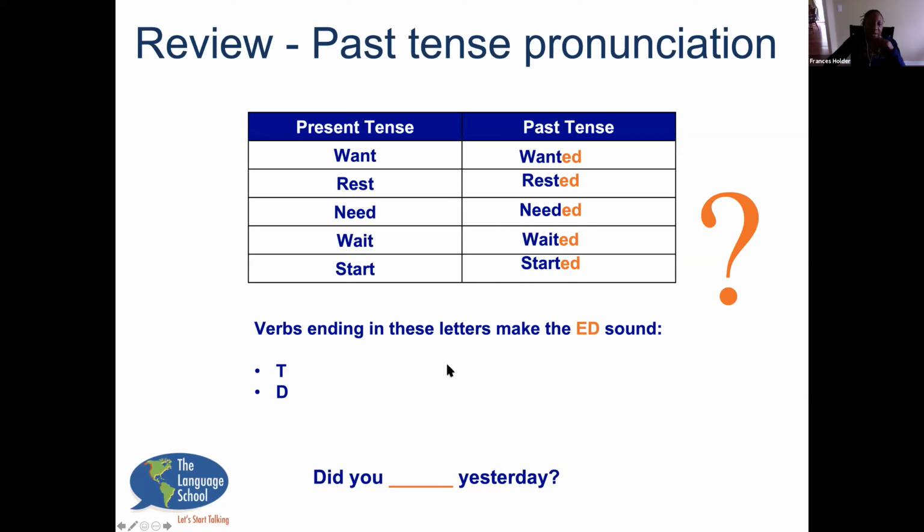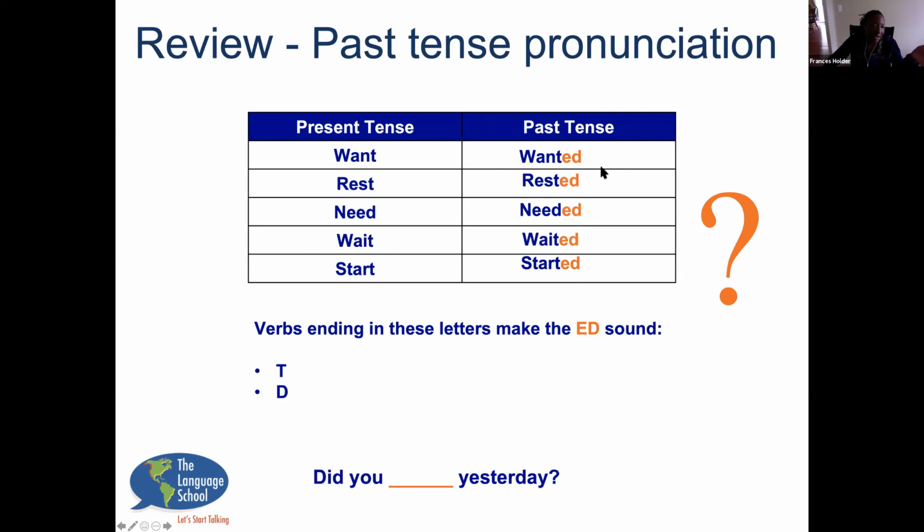So here, for example, with these verbs that end in T and D, wanted, rested, needed, waited, started. Of course, some people say wanted as opposed to wanted, okay? It's more American to say wanted rather than wanted, but you know, it's neither here nor there.